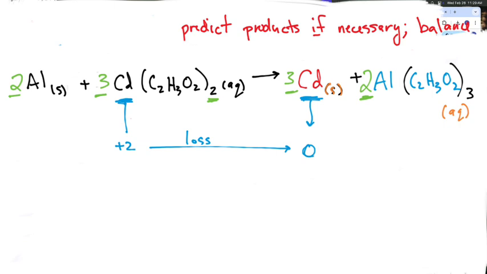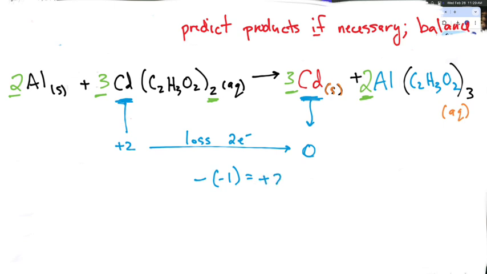Okay, we had to lose 2 electrons to go from a +2 to a 0. What does loss mean? Negative. If the electrons are negatively charged, what am I doing?